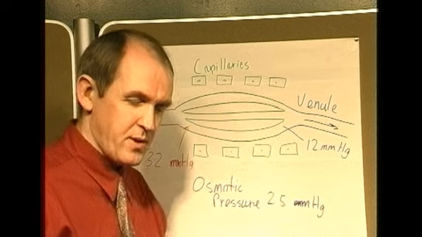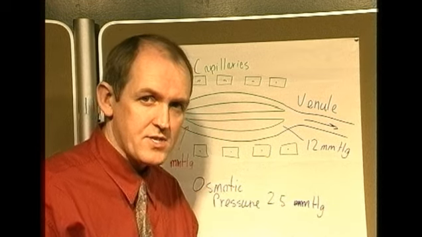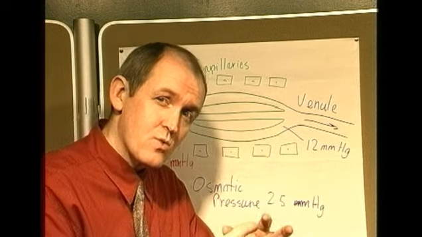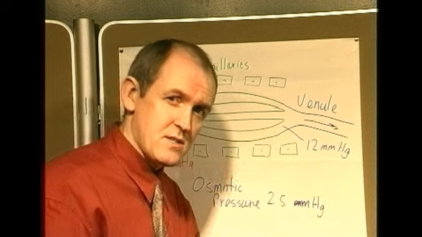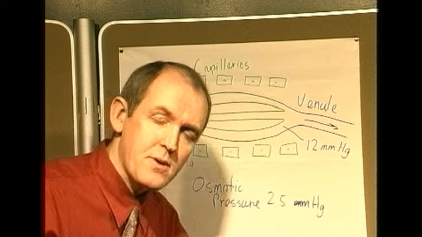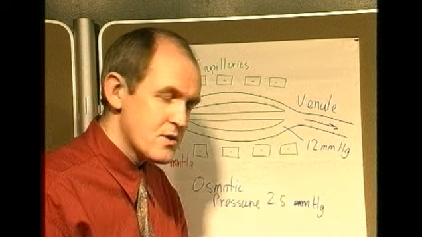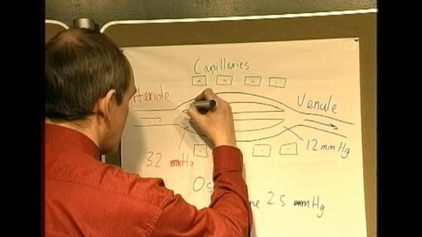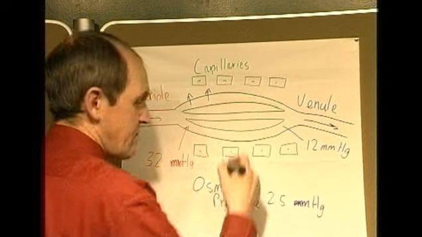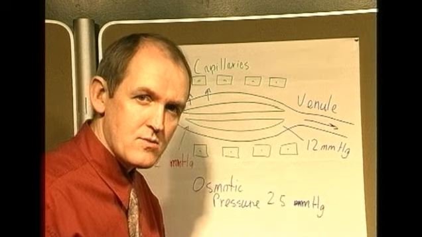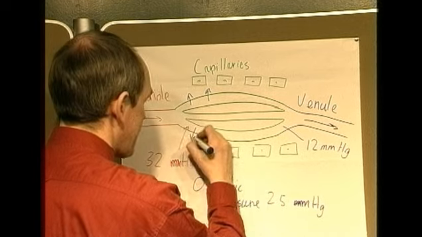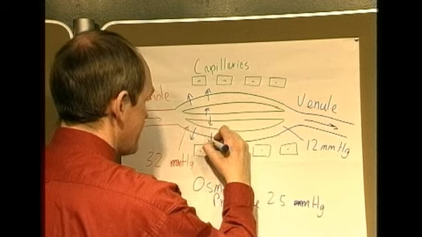So at the arterial end of the capillary, because blood pressure or hydrostatic pressure is greater than osmotic pressure, remember the osmotic pressure is trying to suck the water in, because the blood pressure is greater than the osmotic pressure, there's a net pressure of 7 millimeters of mercury tending to exude the water. So tissue fluid is formed at the arterial end of the capillary because hydrostatic pressure pushing the fluid out is greater than the osmotic pressure sucking the fluid in. So we get formation of tissue fluid.